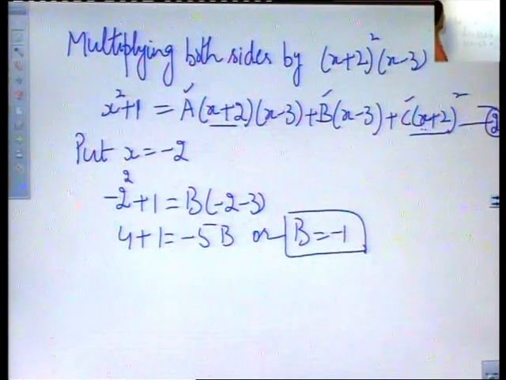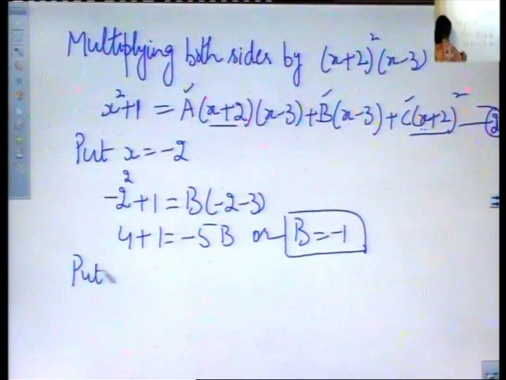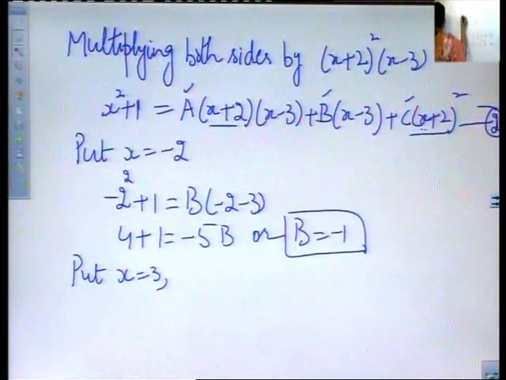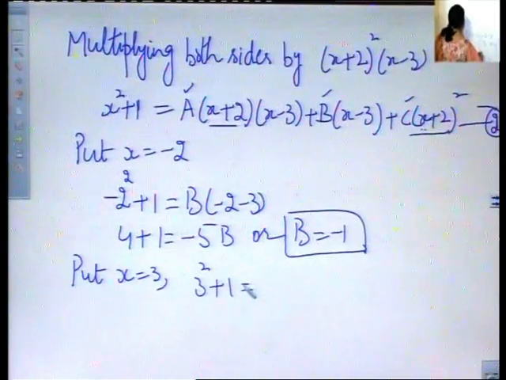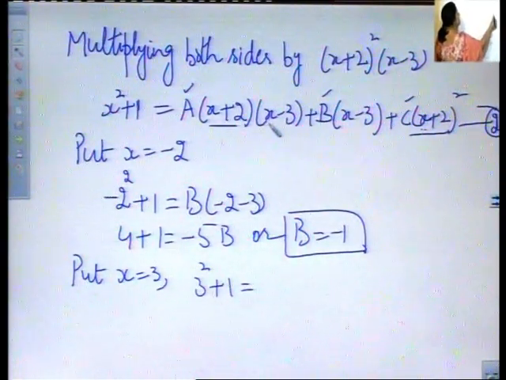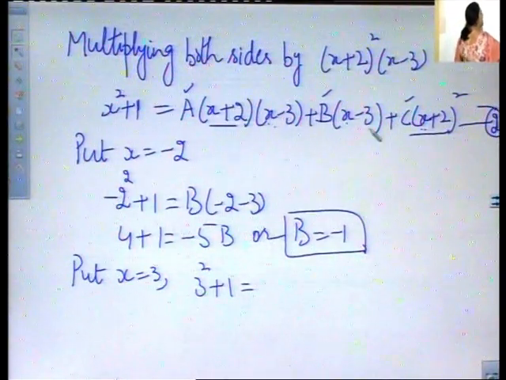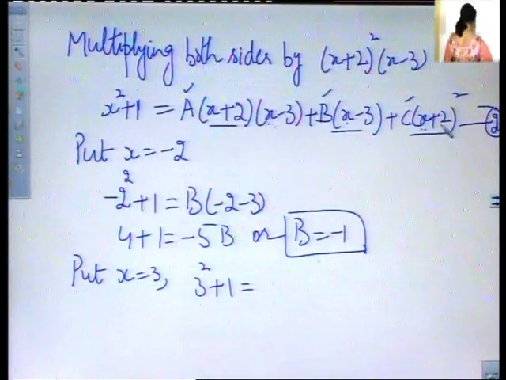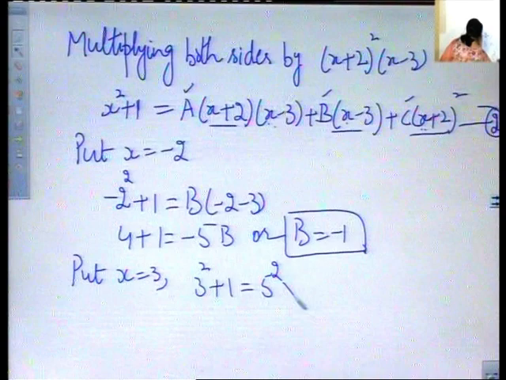Now, to find the value of c, we put x equal to 3. On the left hand side, we have 3 square plus 1. When we put 3 here, this 3 minus 3 is 0, so this total will become 0. 3 plus 2 is 5, 5 square into c.